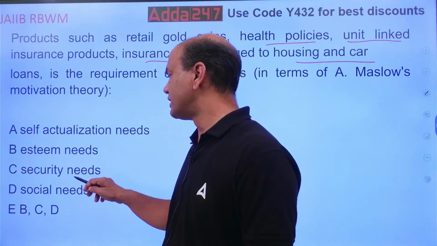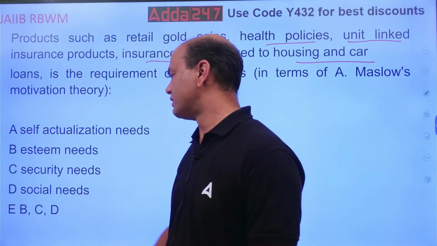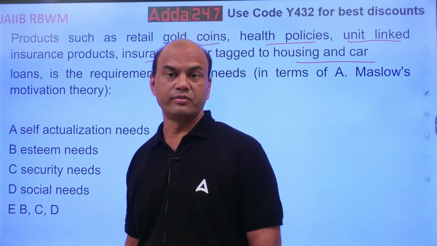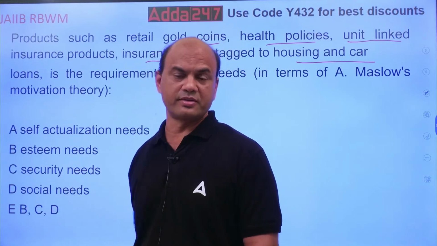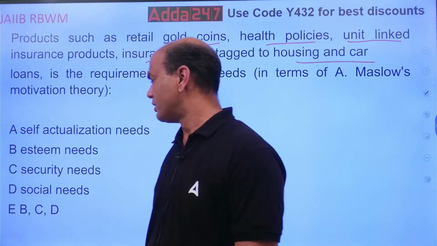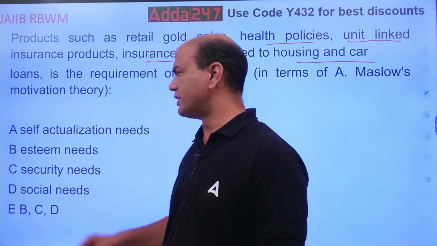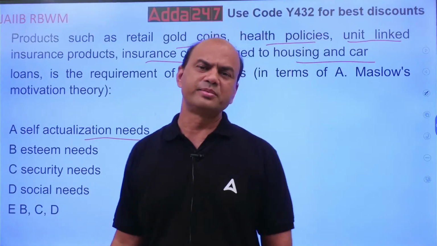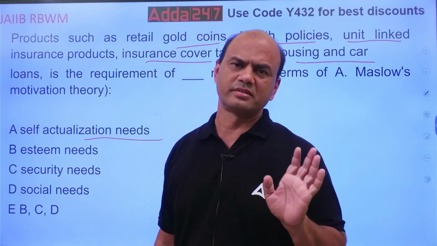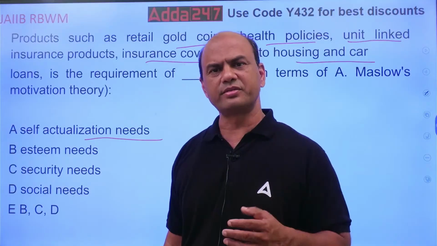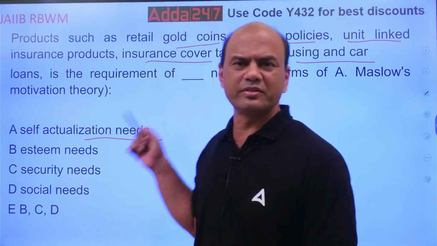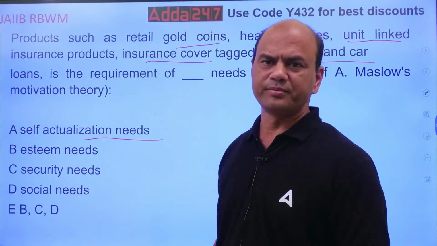Actualization, esteem, security and social. So where is it required? Physiological is not given over here. B, C and D. Actualization means what? This person is generally an old person, above 60, 65, quite rich. That person will never invest in insurance.